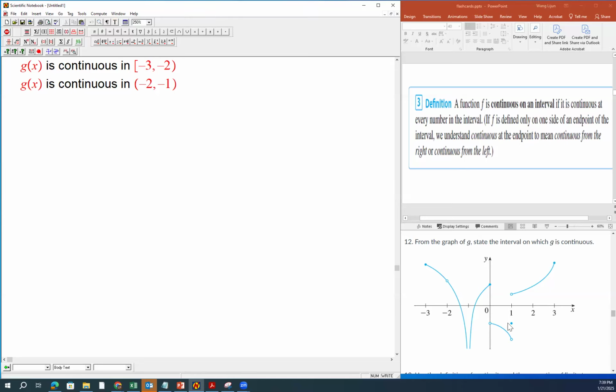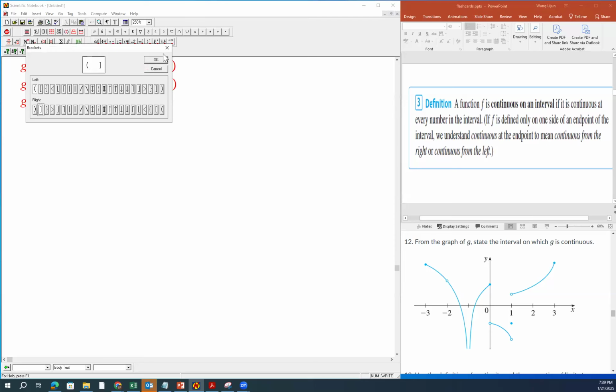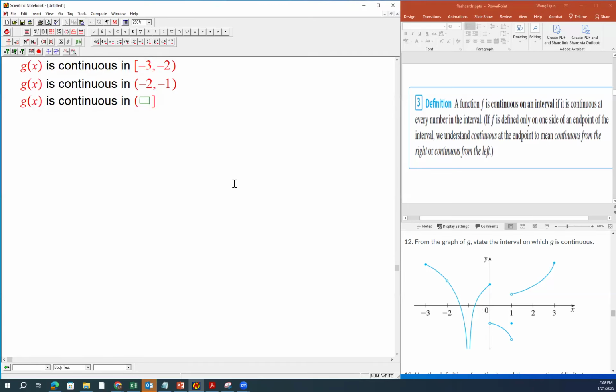And from -1 to 0, at 0 it is left continuous. So G is continuous on the -1 side open, closed on 0.